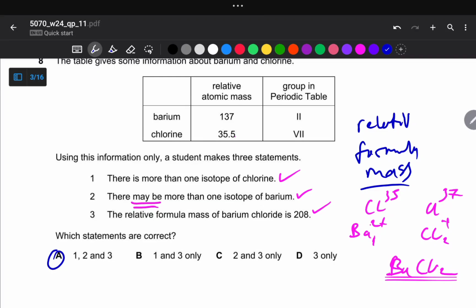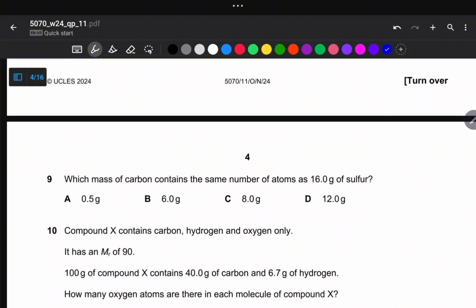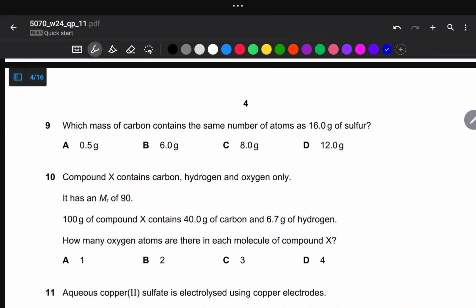So we now move on to question number 9. Question number 9 says which mass of carbon contains the same number of atoms as 16 grams of sulfur. Sulfur is number 16 on the periodic table, having a molecular mass of 32. So this one is half the mass of sulfur.